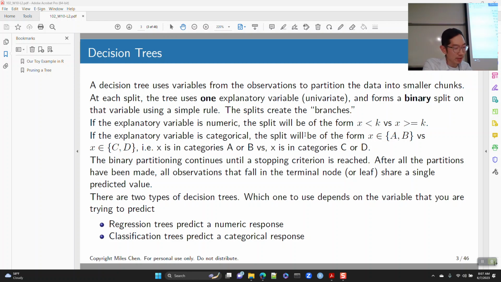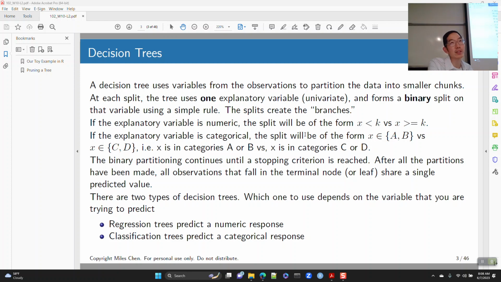If the variable is numeric, it's going to be: is your value of x bigger than some number or less than some number? For example: do you have high blood pressure, defined as your top number being 140 or higher? If so, you go down the right side of the path, and if no, you go down the left side.